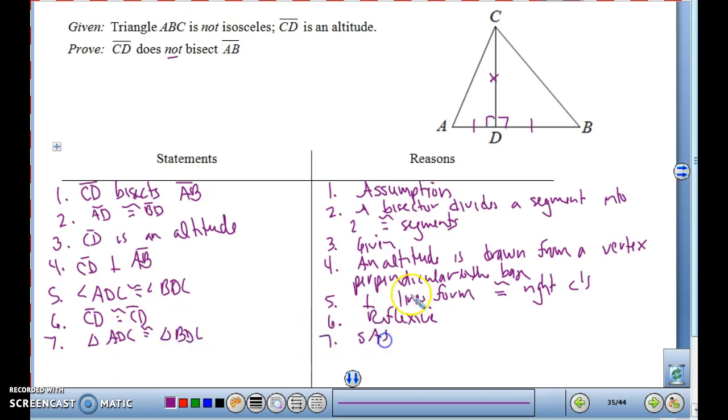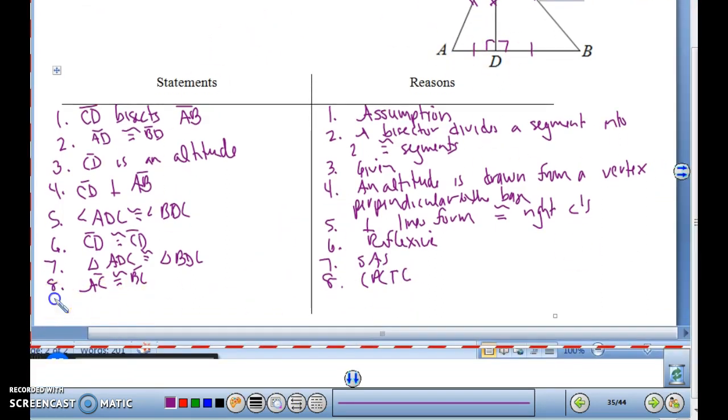Therefore, AC and BC must be congruent by CPCTC. So that makes ABC an isosceles triangle, because an isosceles triangle has two congruent sides.